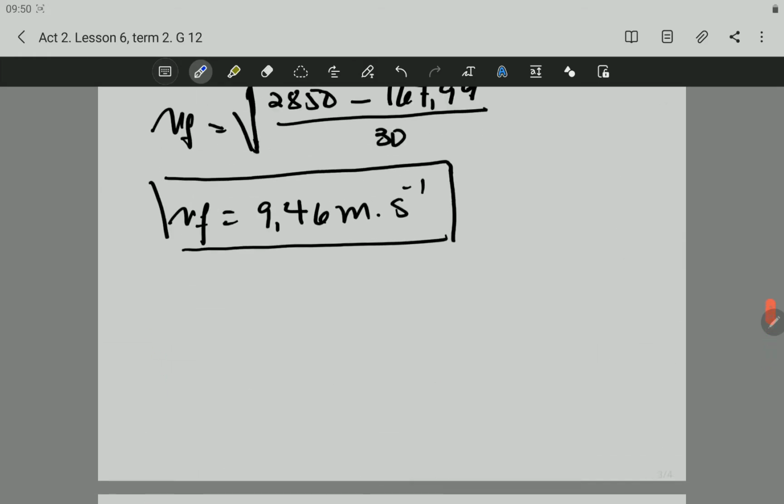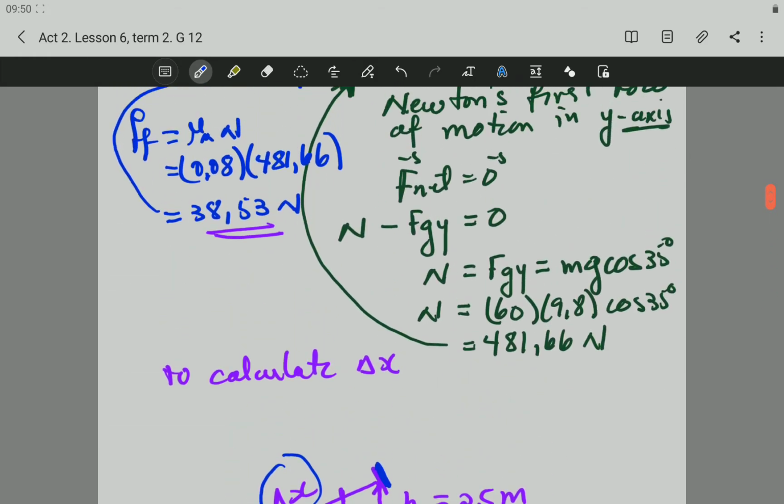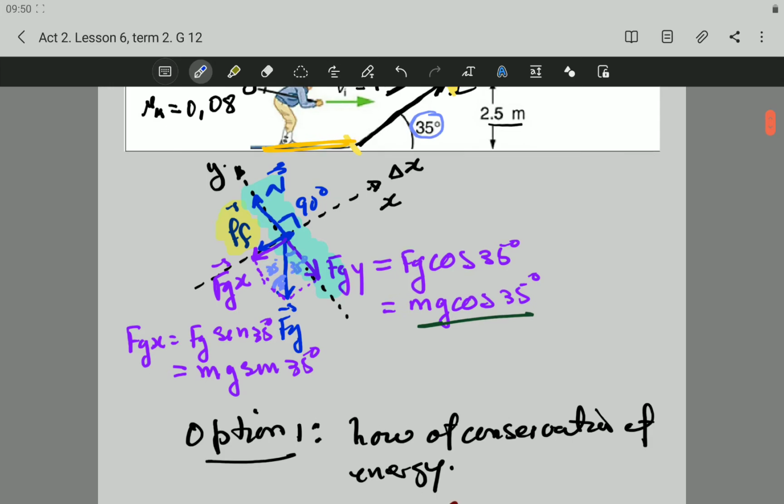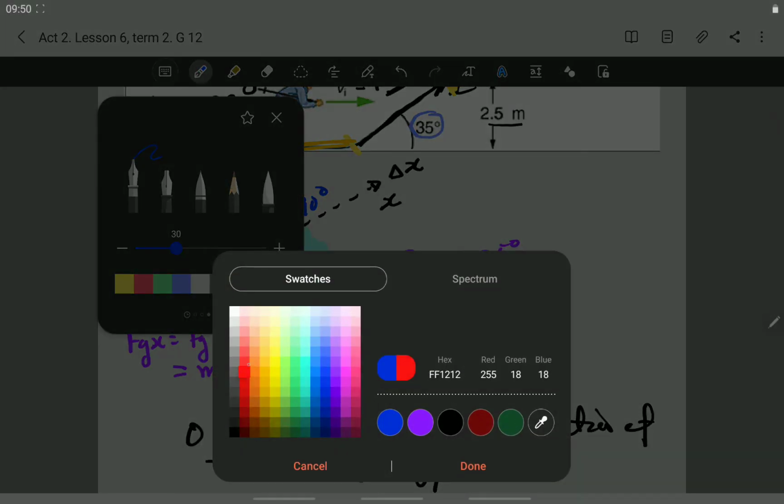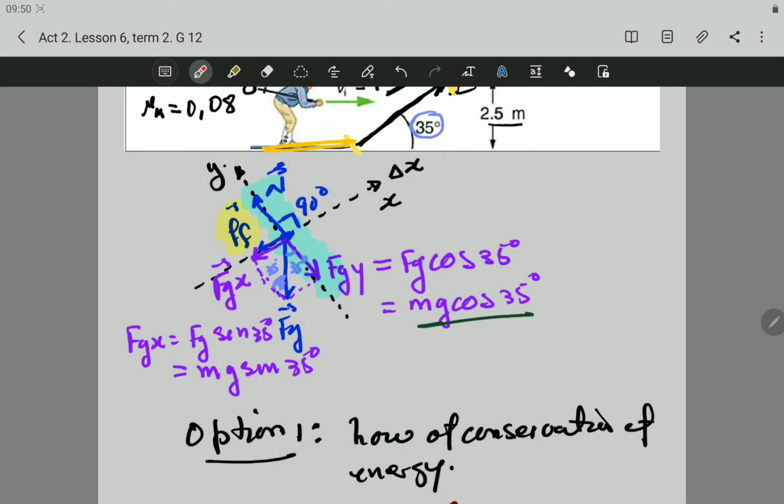So if you go back to the free body diagram, we can see the angle. Let me change the color, try to get this red so you can see it properly. The angle will be all this one here. This one here is 90, which is this small part, and then this one is 35. So it's 90 plus 35. That is the angle between the displacement and the gravitational force.